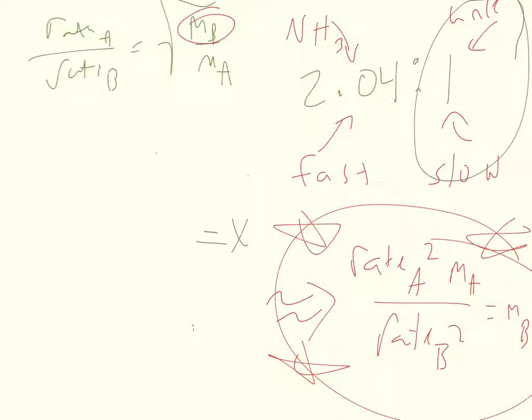Hopefully that's pretty self-evident. So 1 squared. And on the top, that leaves us the other rate that's left behind, 2.04. So 2.04 squared. And if we could just know the molar mass of NH3, because NH3 is attached to the 2.04, we'd be home free.